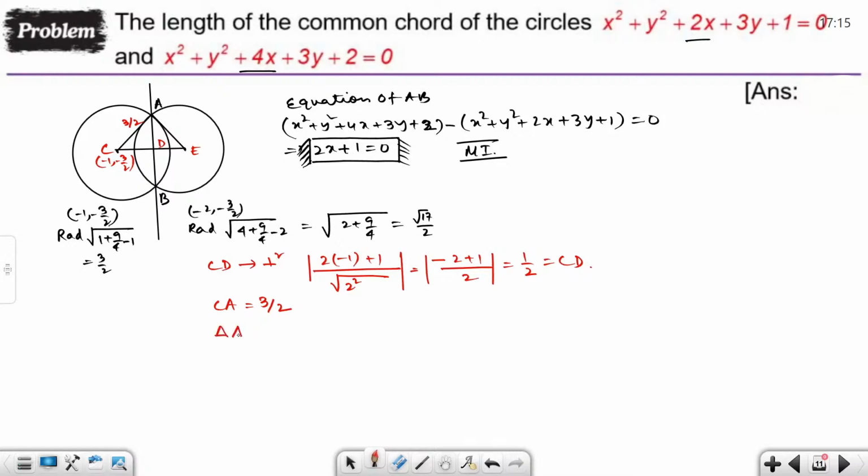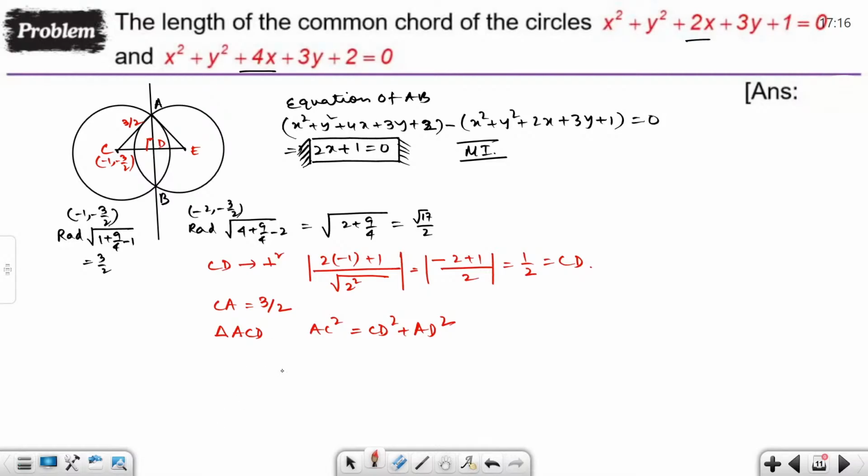Now in the triangle ACD, look at it carefully. The radical axis, we all know that the line joining the two centers of a circle with the radical axis, they are always going to be perpendicular to each other. Therefore, triangle ACD is a right angle triangle. From here we can write AC square equals to CD square plus AD square.